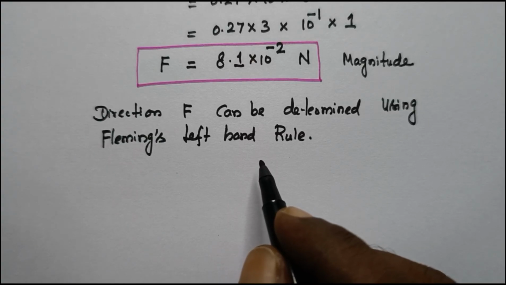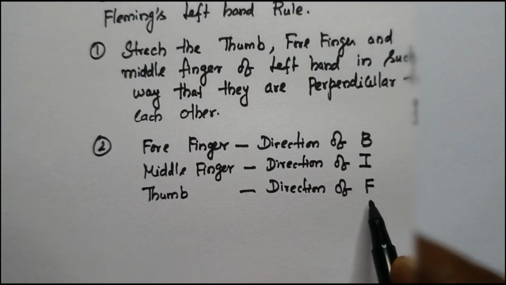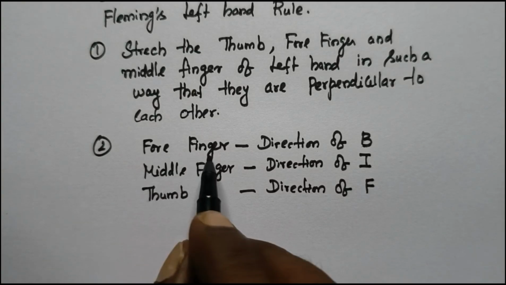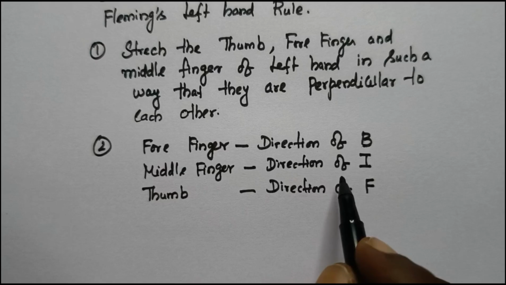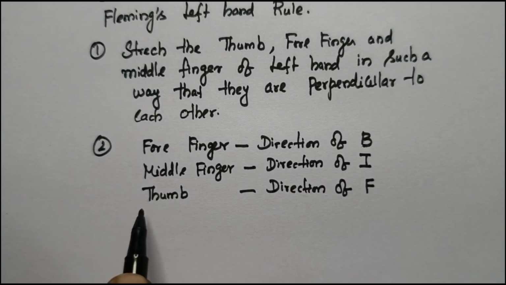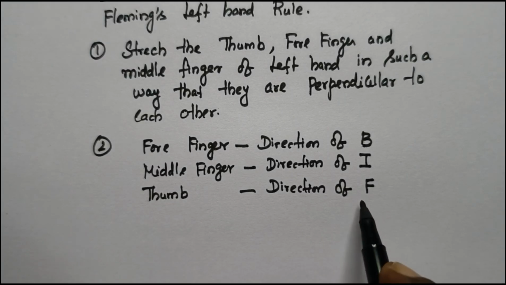The forefinger represents the direction of the field. Middle finger represents the direction of current. Thumb will give the direction of the force. So according to this rule, if forefinger represents the direction of magnetic field and middle finger represents the direction of current, then thumb will represent the direction of the magnetic force. So this is the answer for the given problem.